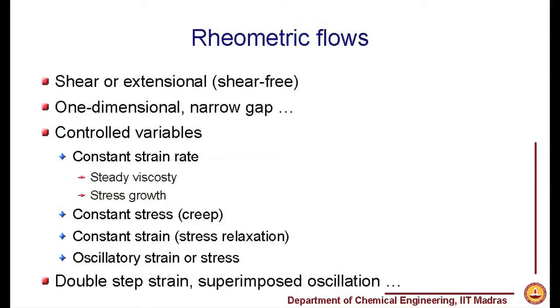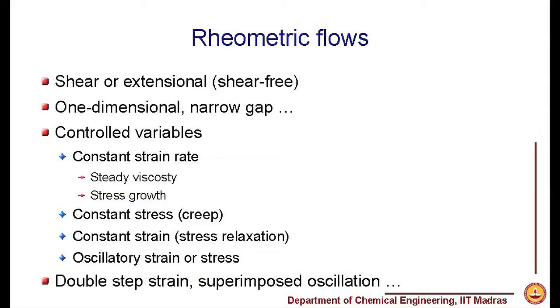So in each case, for example, with constant strain rate and constant stress, we will define steady viscosity as material function. With constant strain rate and growing stress or changing value of stress, we will define a stress growth viscosity. In case of constant stress, creep, we will define a creep compliance. In case of constant strain, we will define a stress relaxation modulus.